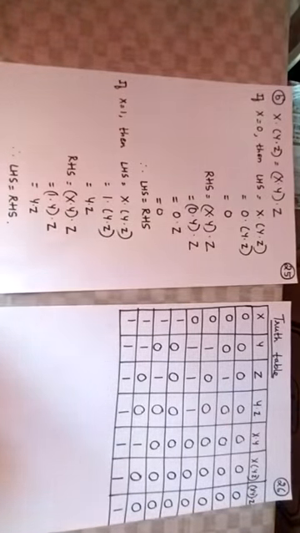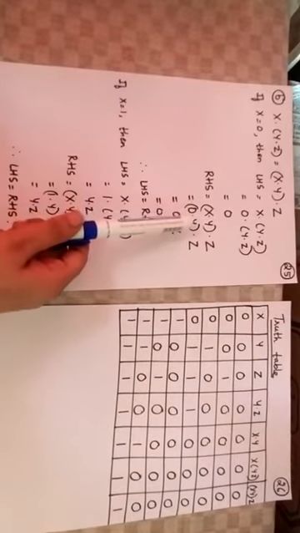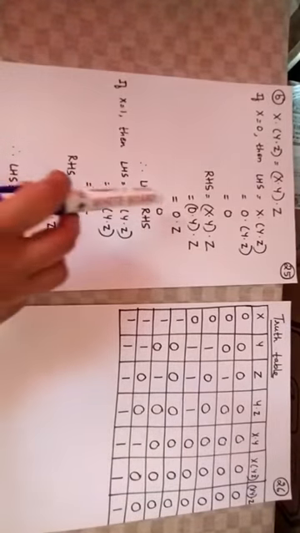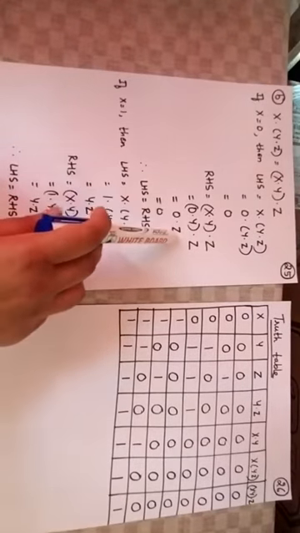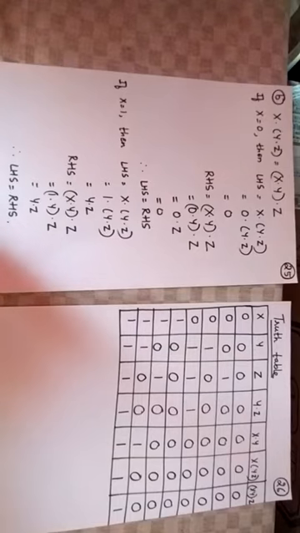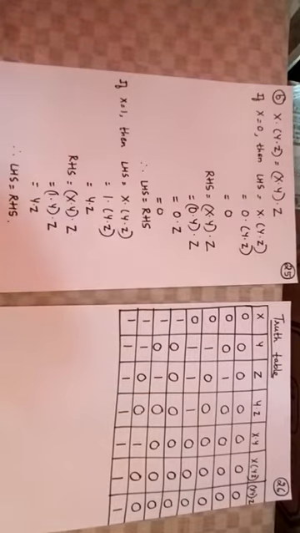Now solve the parenthesis first. It is 0 · (y · z), which is 0 because of properties of zeros and ones. Now compare the values of left hand side and right hand side. Both are 0, therefore they are equal.